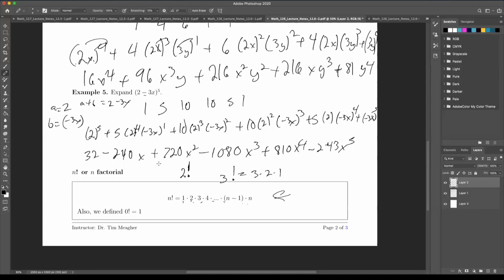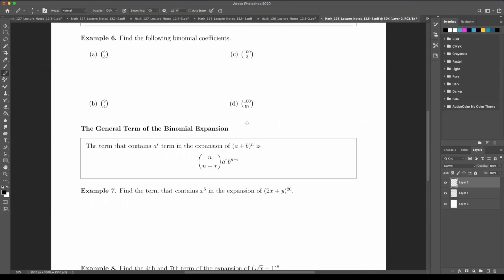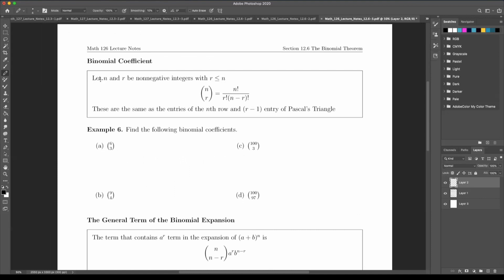Okay, and just real quick, we define 0 factorial to be 1. That's for a specific reason we won't get into. All right, so let n and r be non-negative integers, where r is less than or equal to n.